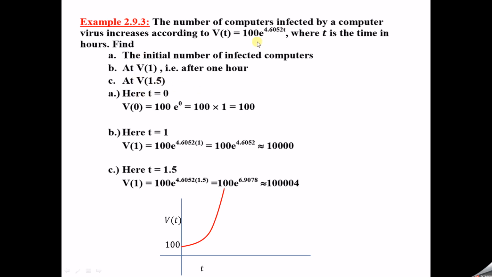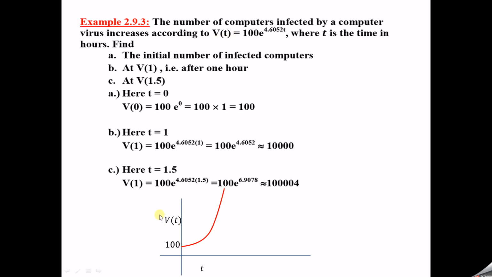If you see this equation involving an exponential function, V(t) is the number of viruses at time t. So here t is the independent variable. The independent variable we take as x, so t is on the x-axis. And V is the dependent variable, which we generally take on the y-axis.